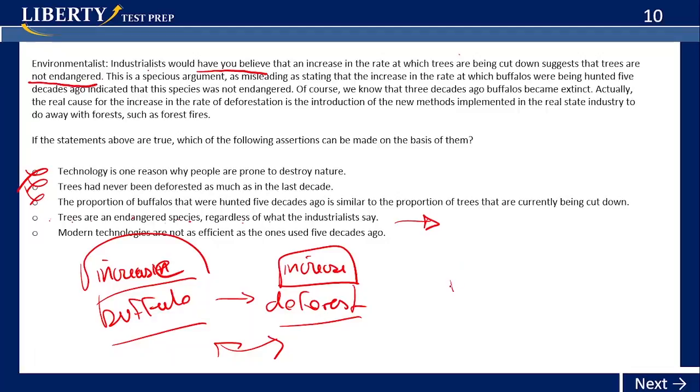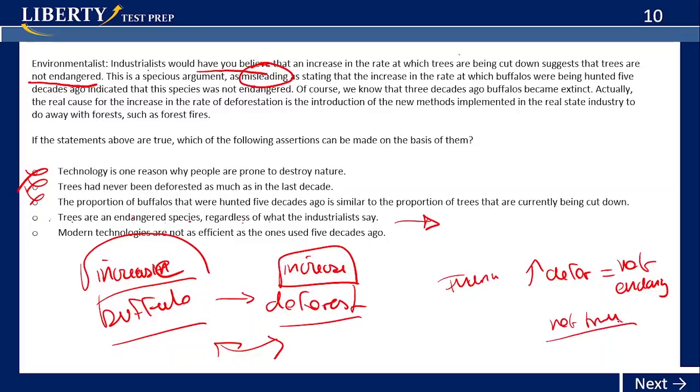So the industrialists want you to believe that an increase in the rate of deforestation is equal to the trees not being endangered. Okay. This is a specious argument, and it's misleading. What does misleading mean? Misleading means something that is not true. It's fake. It's false. It's a phony. As stated, this argument is not true.